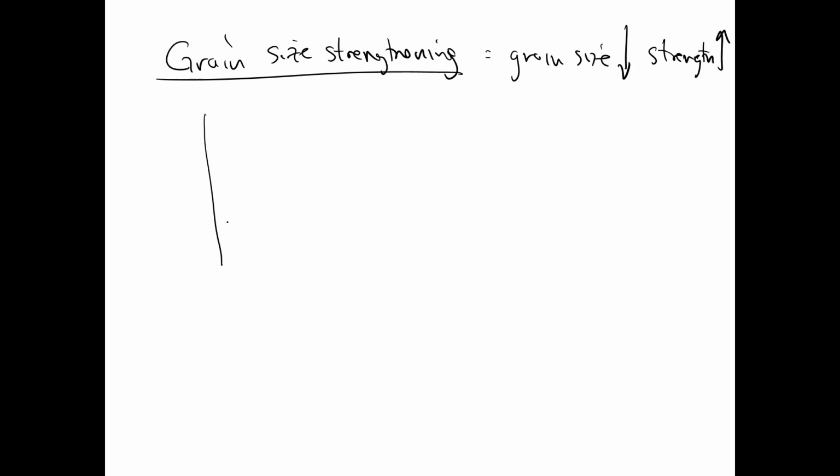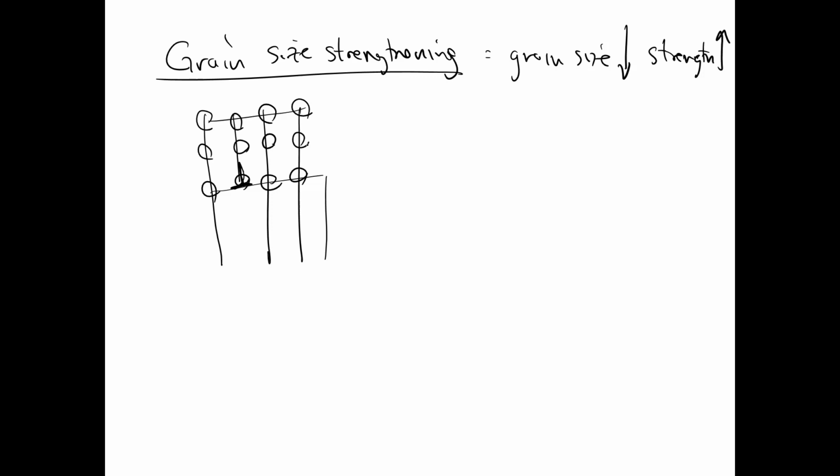Let's draw a dislocation here in a material, and we'll put some atoms in here. So here's a dislocation right here, and here's our lattice. And let's say there is a grain boundary right here. So I'll put a line there.